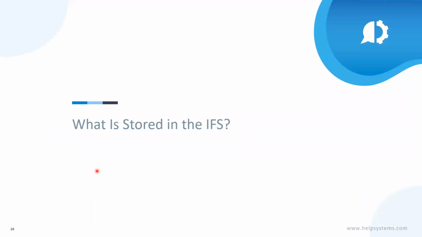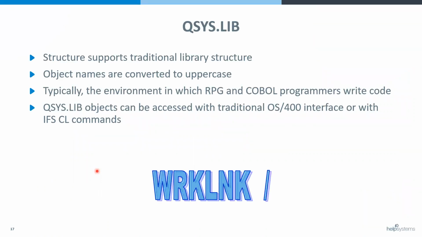All right, so what's stored in the IFS? First of all, the qsys.lib structure can be accessed this way. However, for the most part, I don't recommend using it this way.